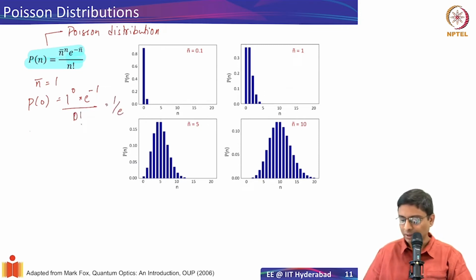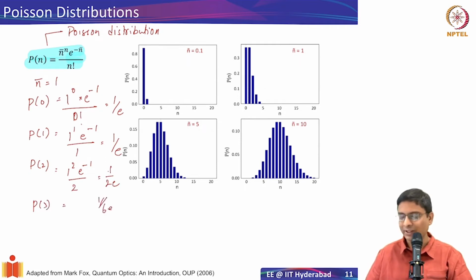What is the probability of finding 1 photon? It's simply 1 to the power 1 times e to the power minus 1 divided by 1, so 1 over e. What is the probability of finding 2 photons? 1 to the power 2 times e to the power minus 1 divided by 2 factorial, so 1 over 2e. Right? And similarly, the probability of finding 3 photons will be 1 over 6e, with 3 factorial, and so on.